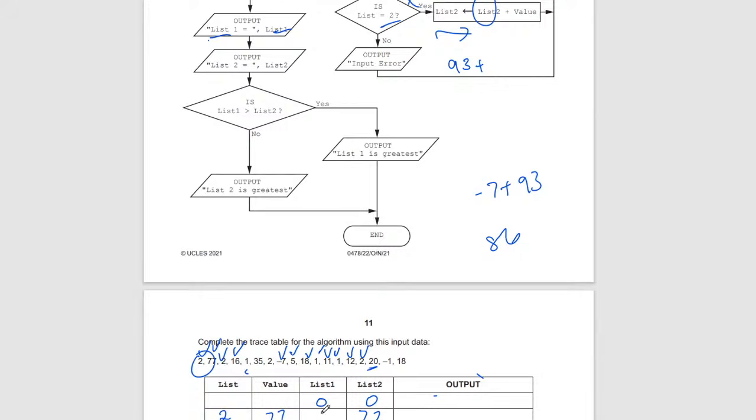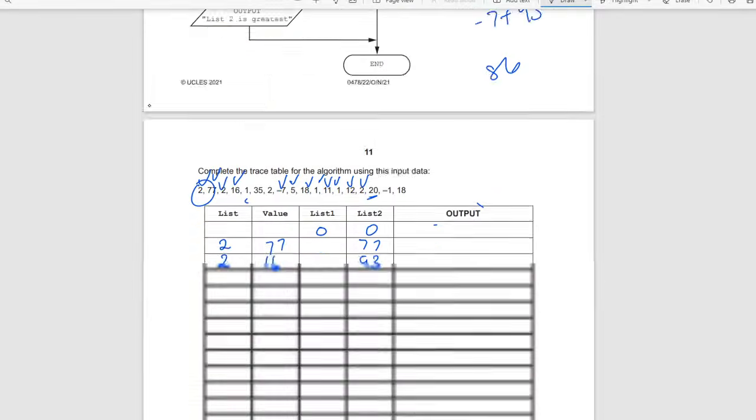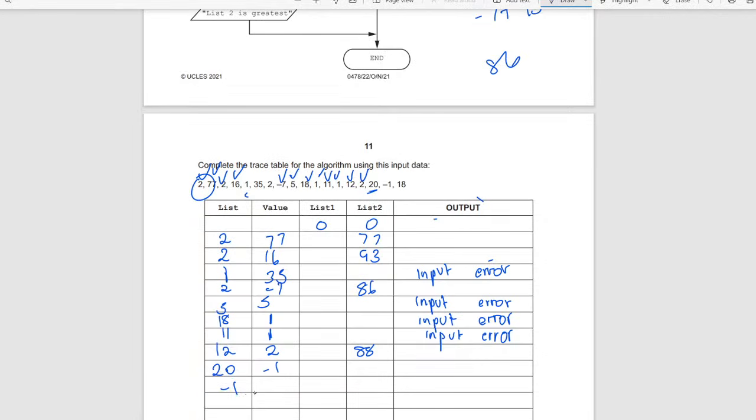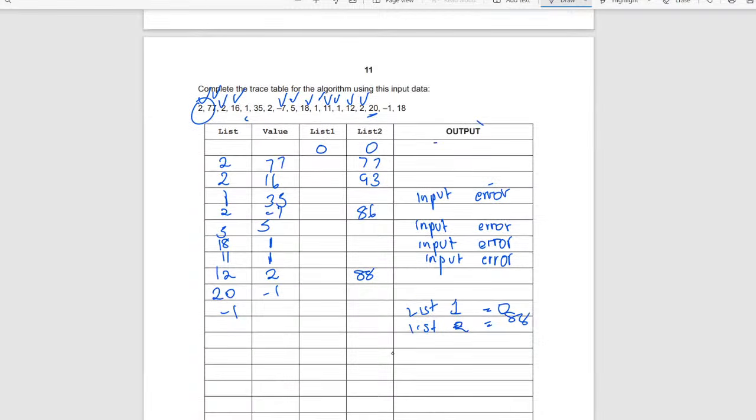Okay, so you can see these flowcharts are direct, they're not really that many types of complication. So once it becomes -1, which is here, you just have to say that list 1 is 0, and then list 2 we got was 88, sorry, and then you just say list 2 greatest. Okay, so that's the one done.